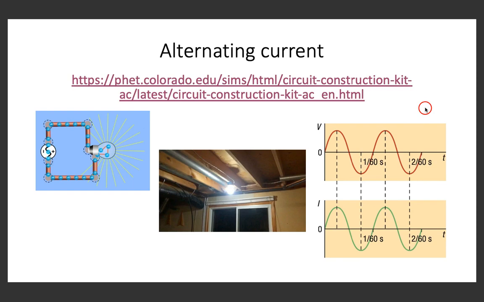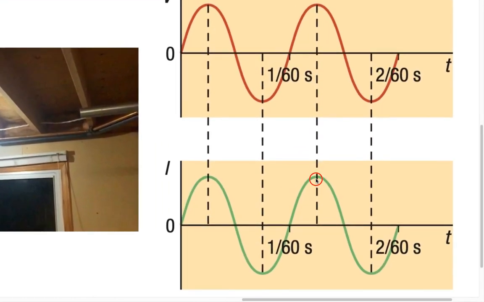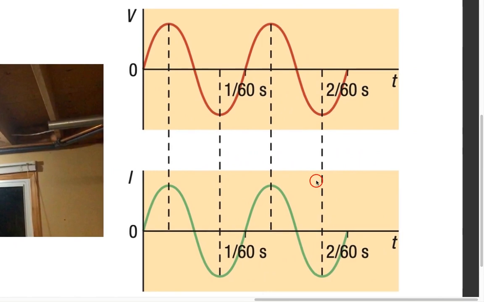Now, I'm sure that you have some questions about how this actually works in practice. I'll start out just by showing you a graph of what an alternating current looks like. And so you'll see that we have a graph showing the voltage in the wiring in our homes, as well as the current that's flowing through the wiring.